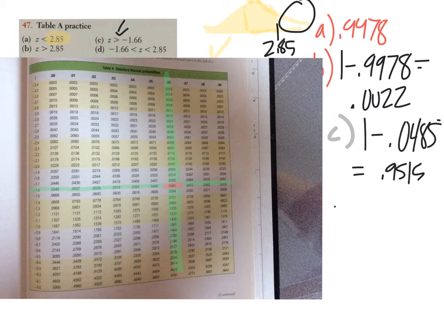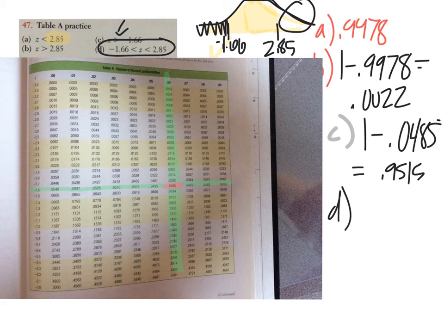Okay, and then D, I'm going to have to combine what I know. So let's look at this little tiny picture I made up here of the normal curve. That yellow area is the area to the left of 2.85, and let's say this is about negative 1.66. This is the area to the left of negative 1.66. If I want Z to be in between those two, that means I'm looking for this middle part.